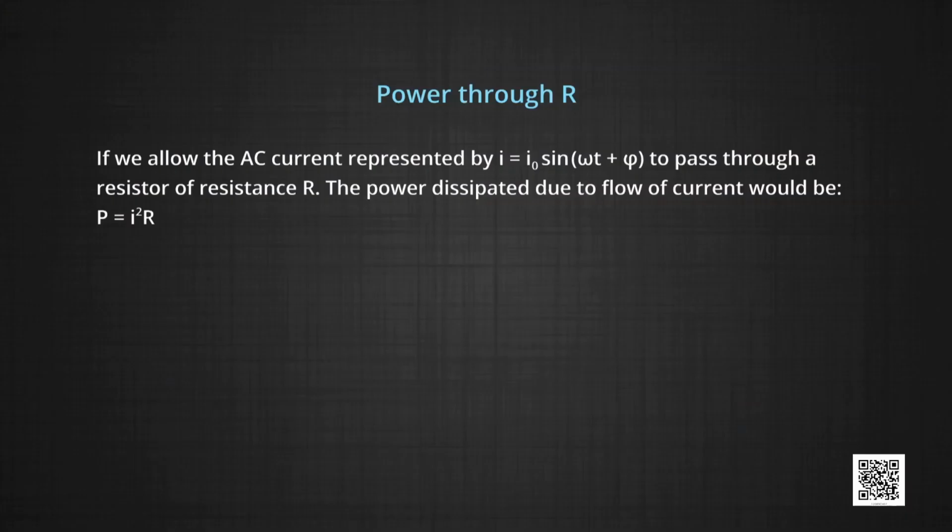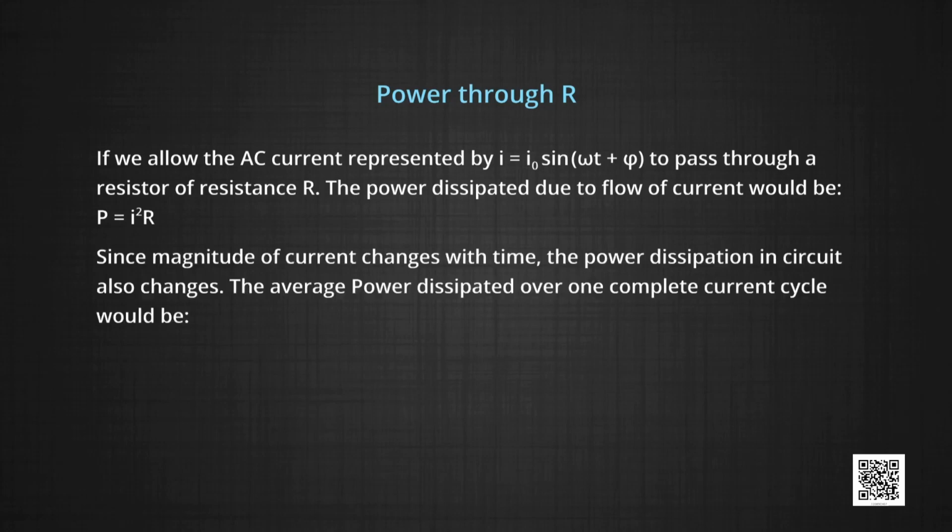At the same time, if you would like to see the power through a resistance, we can briefly cover it here. If we pass AC current, suppose I is equal to I naught sin of omega t plus phi, through a resistor of resistance R, the power dissipated due to the flow of current would be P equal to I squared R. Since the magnitude of current changes with time, the power dissipation in the circuit also changes.